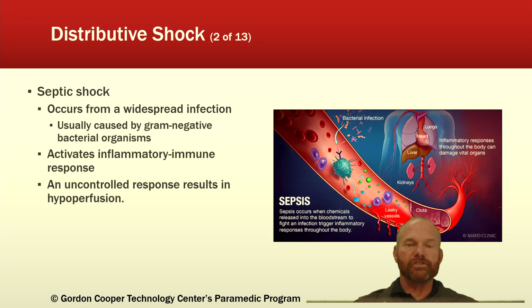So within distributive shock, let's start with septic shock. So that's defined by the presence of sepsis syndrome and a systolic blood pressure of less than 90. So a decrease from that baseline blood pressure of more than 40 millimeters of mercury.